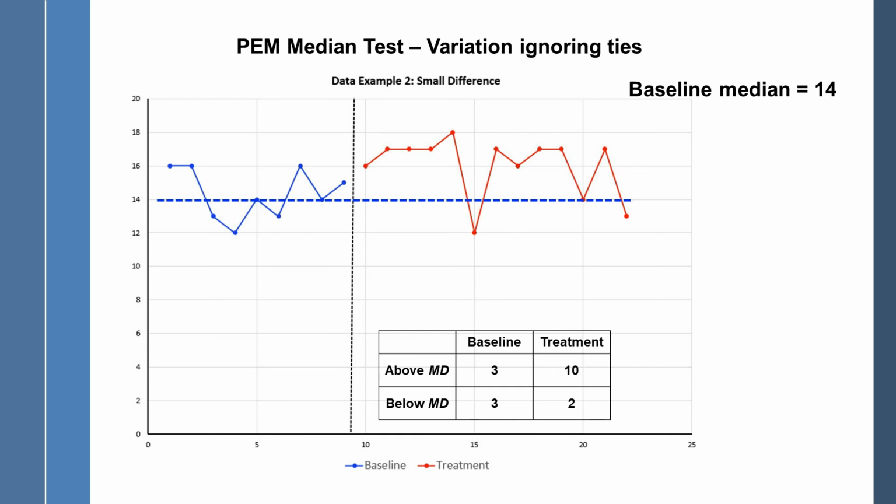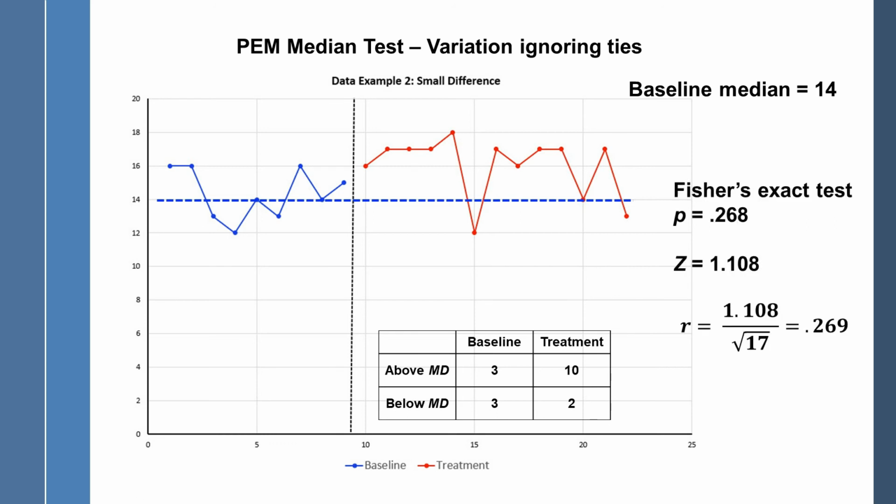In this case, unlike the previous one, higher scores are better. So higher scores are favorable. But it doesn't matter which direction. The median test, or Fisher's exact test, is simply going to tell you whether the pattern is achievable by chance or not.